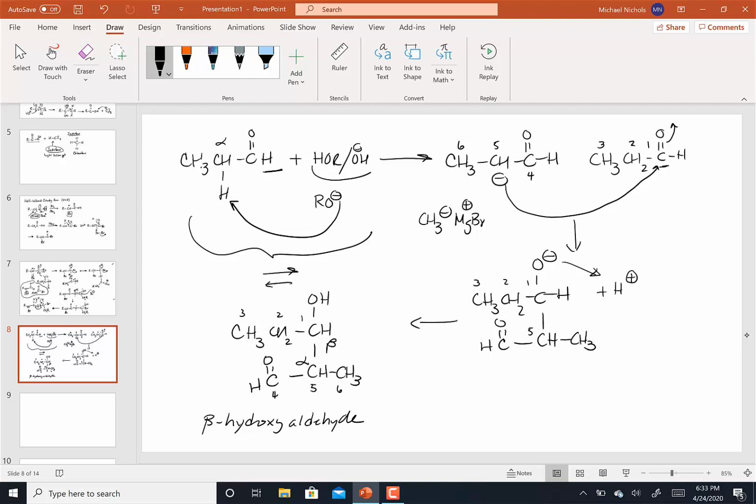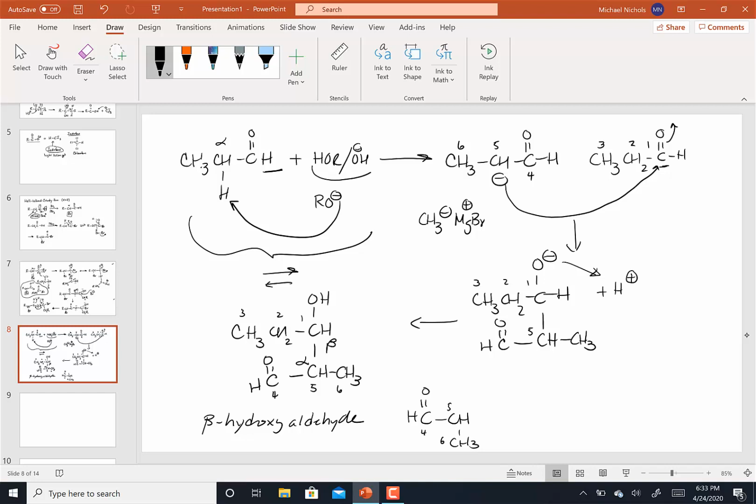And beta hydroxyaldehydes aren't too terribly bad. You can form them. You're going to sometimes have a hard time isolating them, but that can be done. So what I'd like to do is write this beta hydroxyaldehyde in a straight line. Let's start with carbon 4 and write the aldehyde, then the CH group. That CH group is going to have a CH3. So here's carbon 4, 5, and 6.